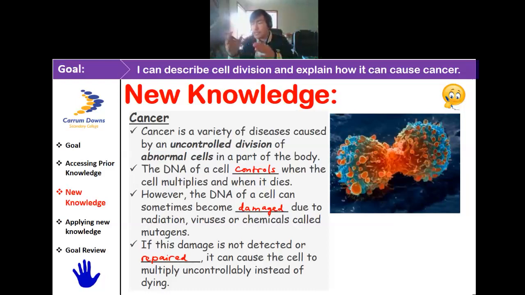But if it can't detect the damage, it can't repair it. Normally, if the DNA is damaged, the cell would die. But if the cell can't detect this damage, then it will just keep multiplying, okay? And that's what can cause cancer.